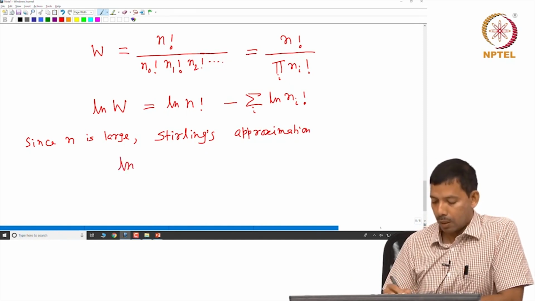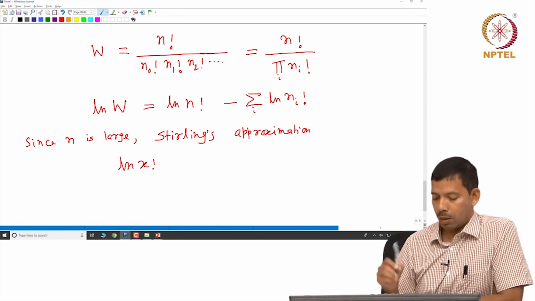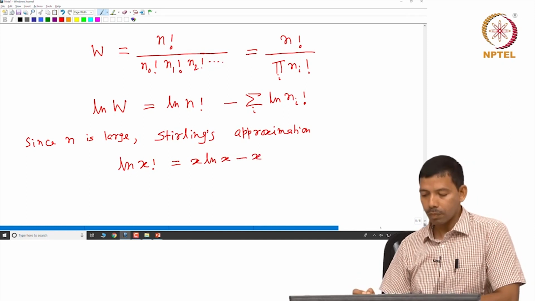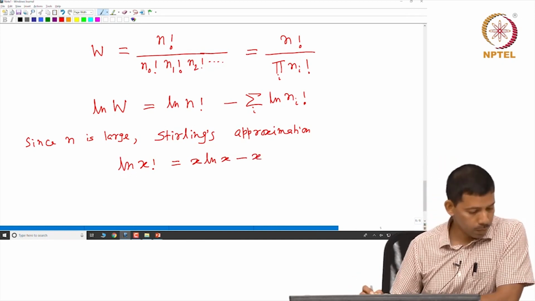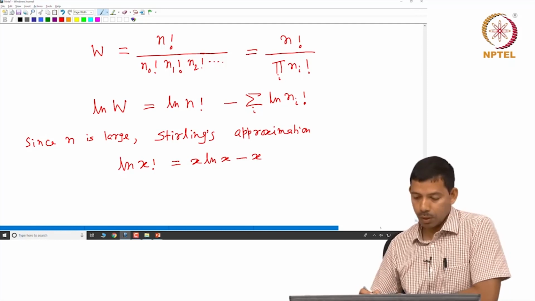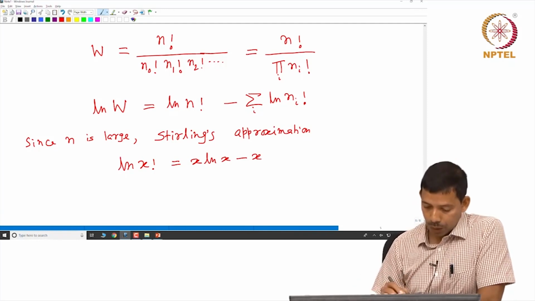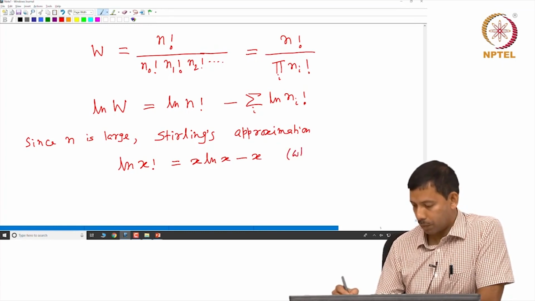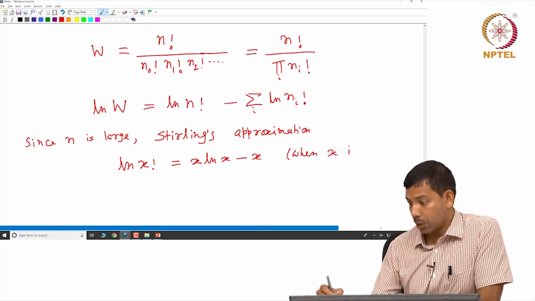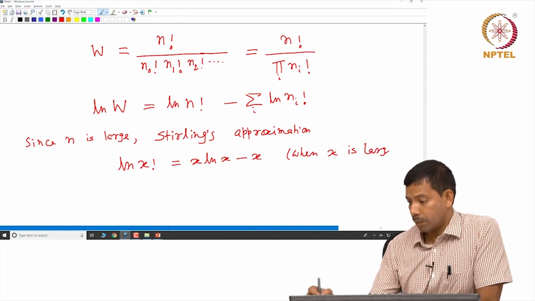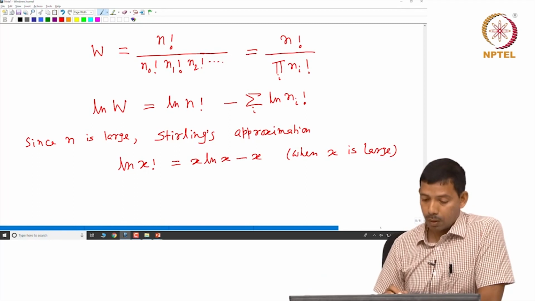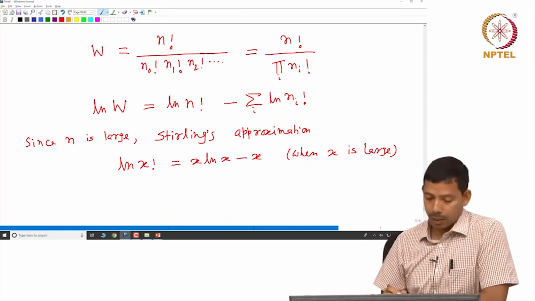Stirling is a scientist, and he gave this theorem that when x is large, I can write ln x factorial as x ln x minus x.